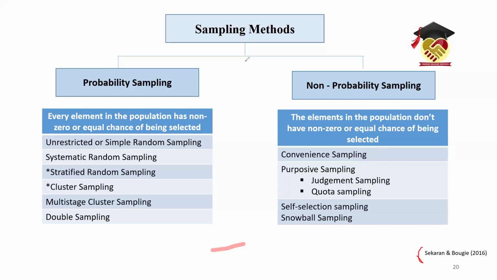What I want to tell you very clearly is that this is for qualitative and this is for quantitative. Remember that point. Purposive is not random. Random means you don't know which unit you are picking up. Purposive means you know which unit you are picking up. So that's about that categorization.